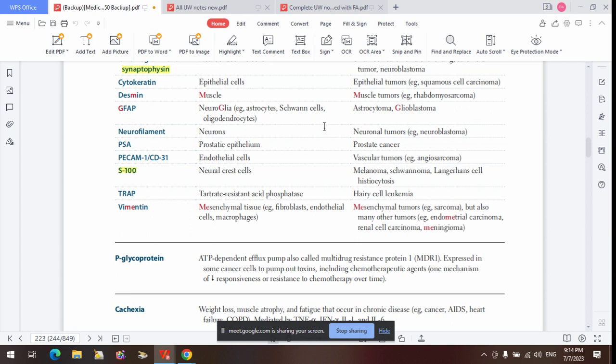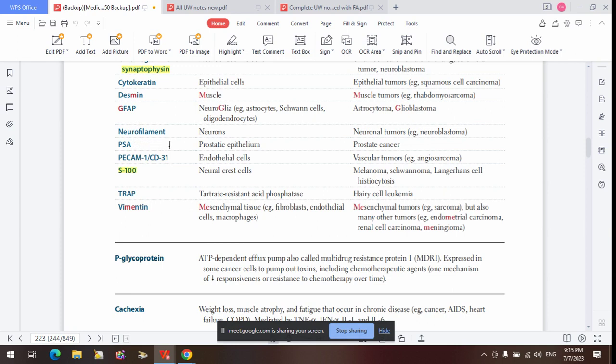There are two tumors that can come from the astrocyte, astrocytoma and glioblastoma. Both of them come from astrocytes, and if they are present, they will show positivity for glial fibrillary acidic protein. So once we hear glial fibrillary acidic protein, we are thinking of any issue with the astrocyte, if there's astrocytoma or glioblastoma.